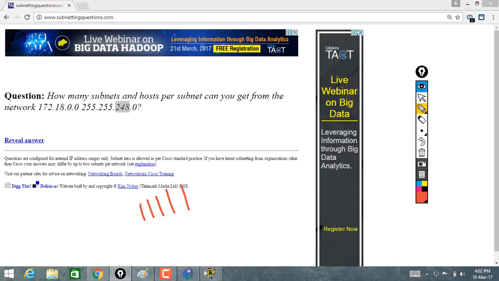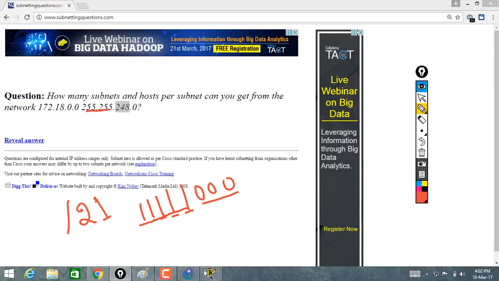This will be 128 plus 64, 224, then 240 and 248. So 5 bits are on, 3 bits are zeros. Since this is class B, with 255.255 that is 16, plus this 5, so I come to know from this that it is /21.